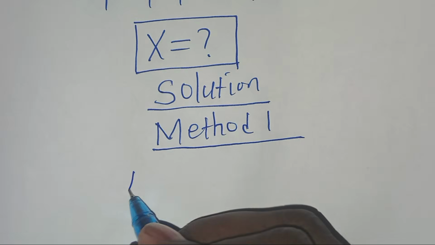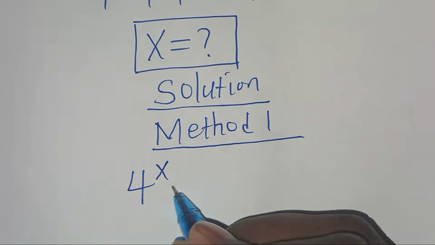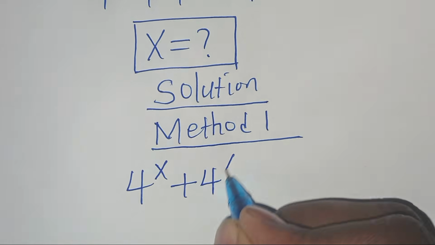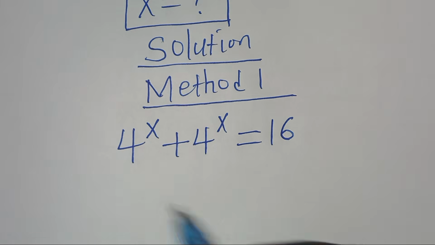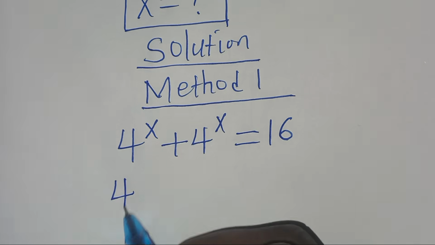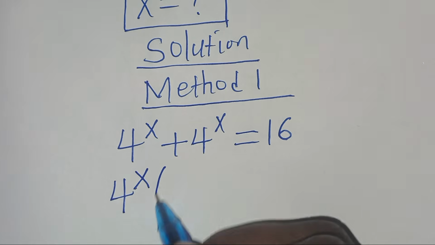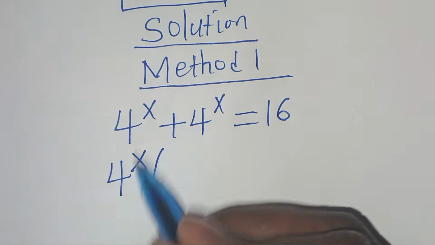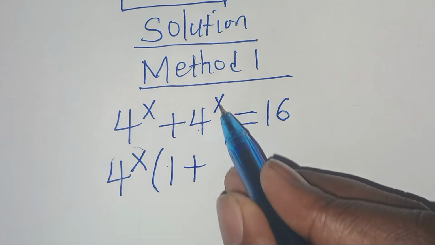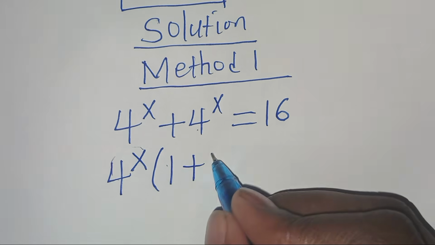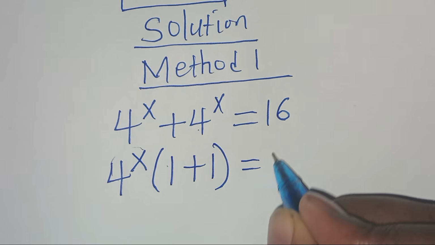So this is 4 to the power of x plus 4 to the power of x, equal to 16. Since 4 to the power of x is common here, let's factor out 4 to the power of x, so that 4 to the power of x divided by 4 to the power of x is 1, plus 4 to the power of x divided by 4 to the power of x, which is 1, and this is equal to 16.